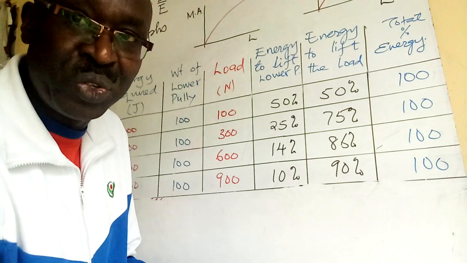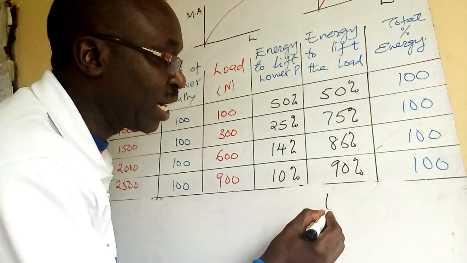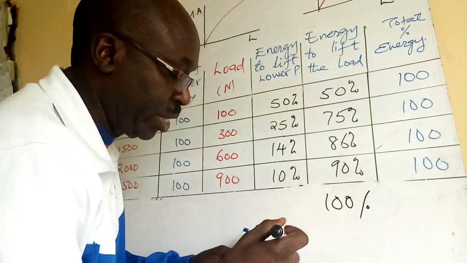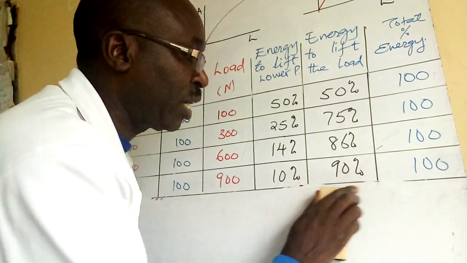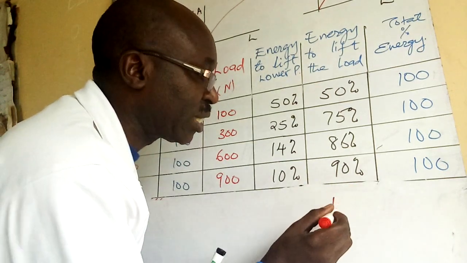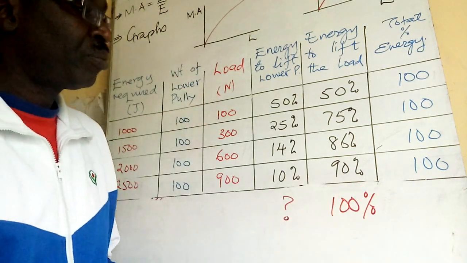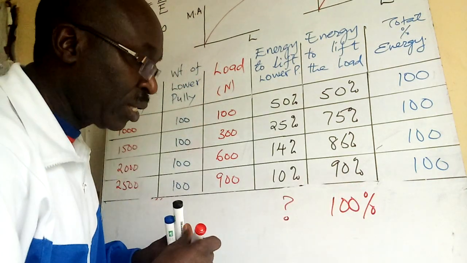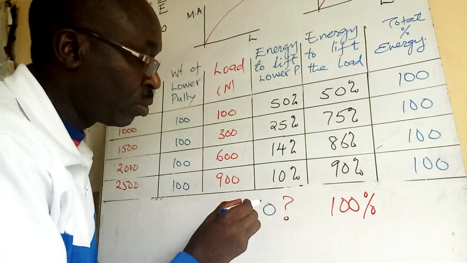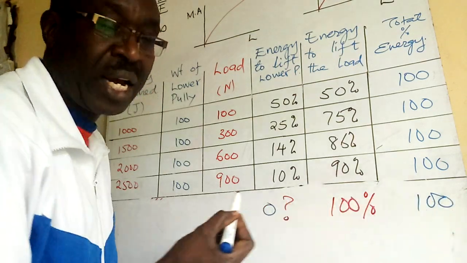Suppose we put this 100%. What would be the meaning? Put it in red so that you get. Suppose this is 100%. What would this mean? It would mean this is 0 because the total has to be 100.